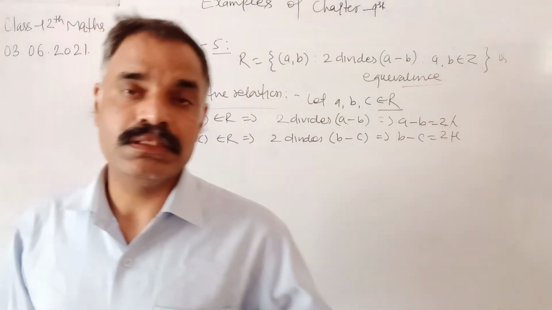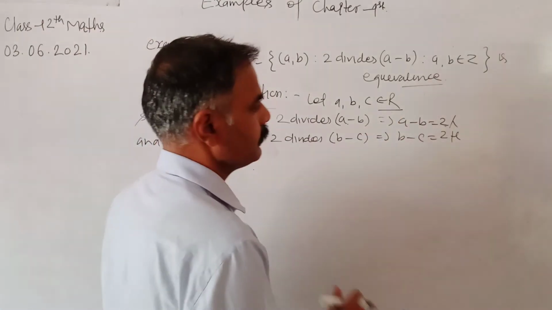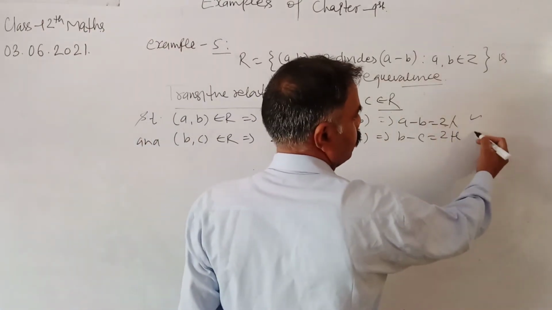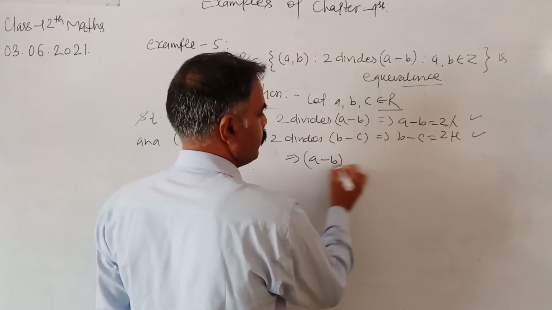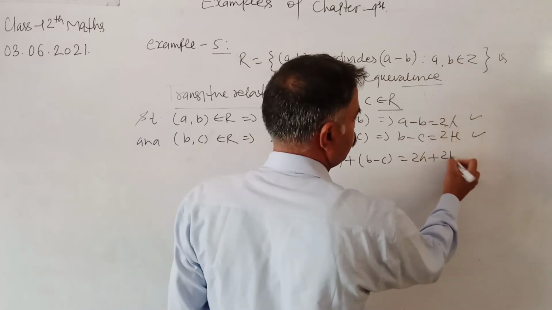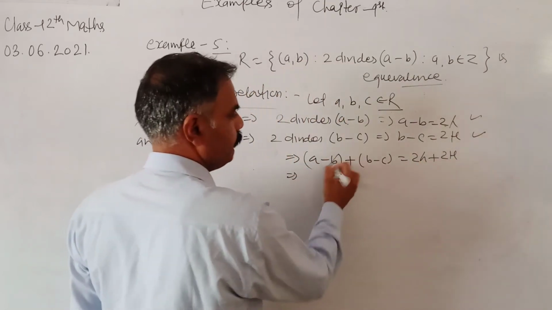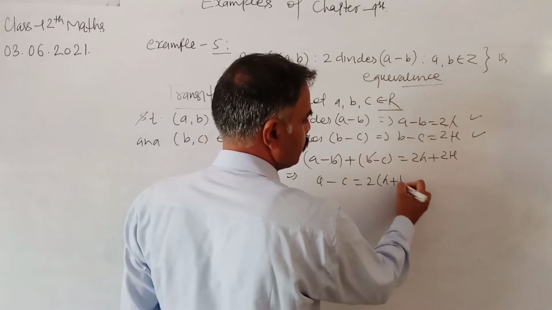So b minus c is equal to 2 mu. Now adding these two equations, we have a minus b plus b minus c equals 2 lambda plus 2 mu. The b will cancel, so a minus c equals 2 into (lambda plus mu).